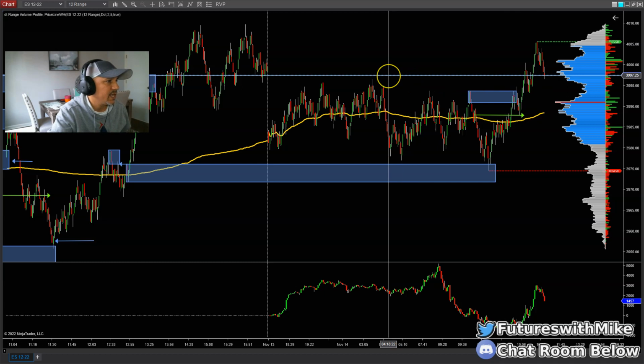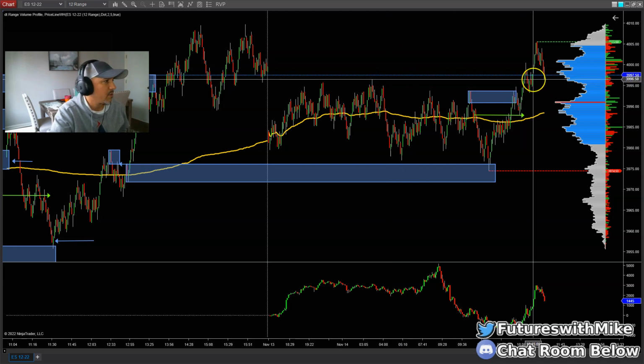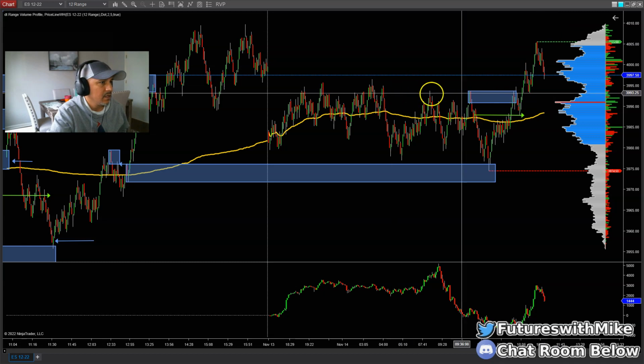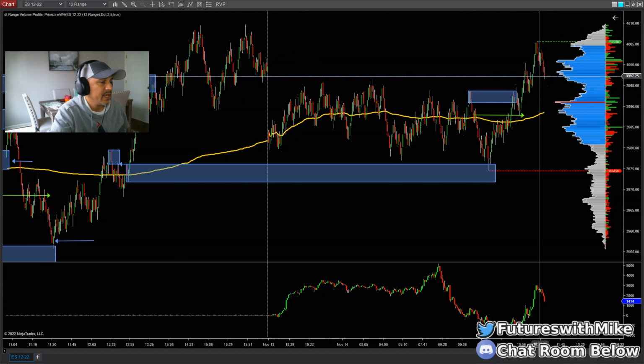It can bounce where it's at, so that's why I'm scalping real quick. This is support right now, so we have to be careful because it can bounce here and then continue pushing higher. This is actually some demand sitting here too.